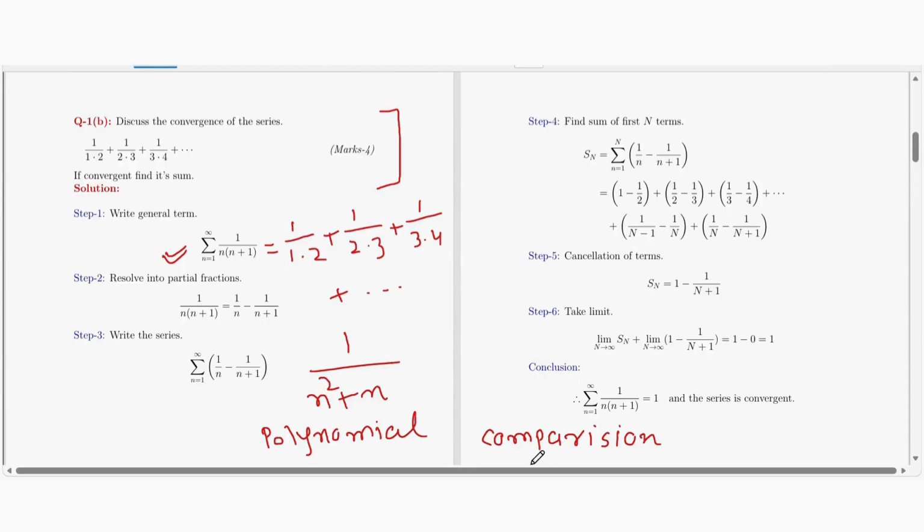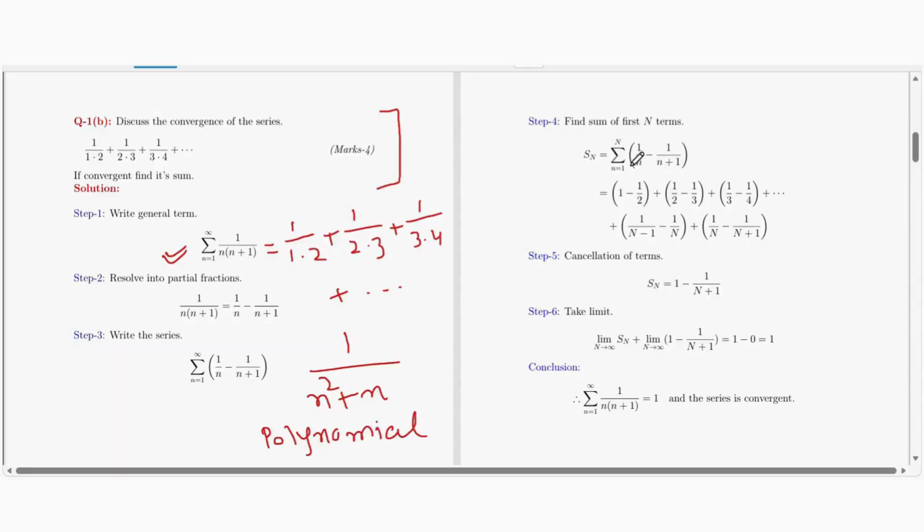Okay, but using the comparison test we can find only convergence and divergence of the series. हम सिर्फ ये बता सकते हैं कि सीरीज कन्वर्जेंट है या नहीं, लेकिन हम उसका सम फाइंड नहीं कर सकते. और यहाँ पे हमें क्वेश्चन में क्या पूछा है कि इफ सीरीज कन्वर्जेंट, फाइंड इट्स सम. Okay, so that's why here we are not using the comparison test.